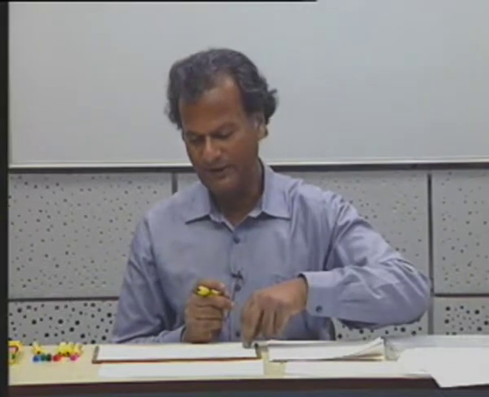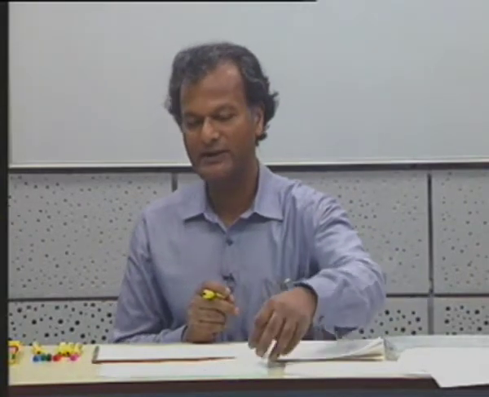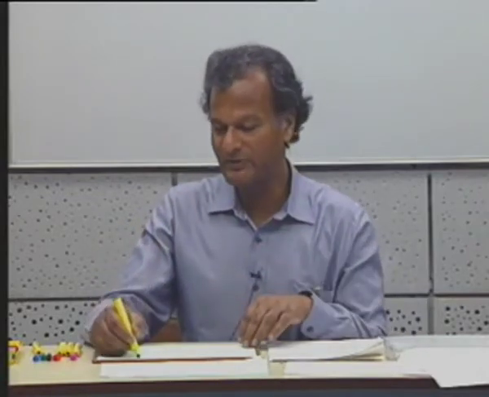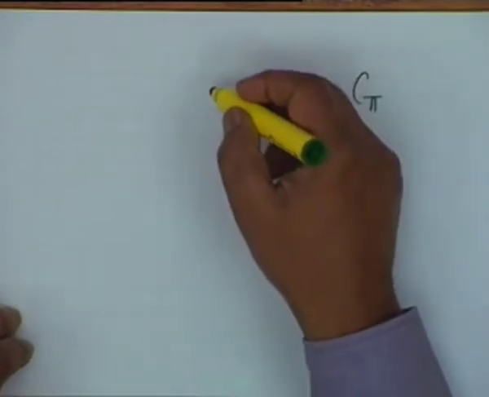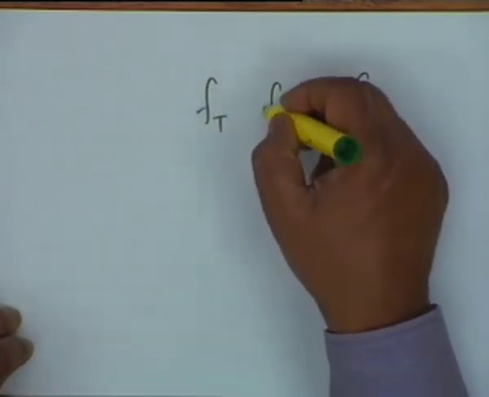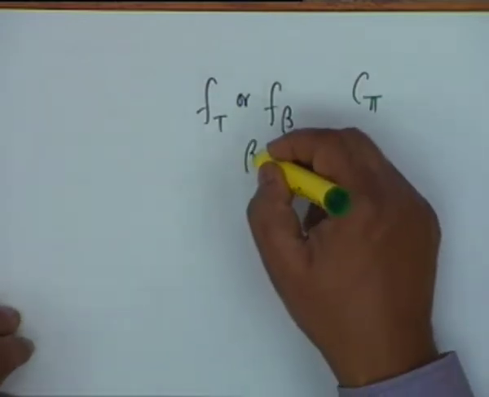As an example of this, suppose the manufacturer specifies this in a clever way. He doesn't give the value of C pi. What he does is he gives either the value of f t or the value of f beta, one of them, and also beta 0.